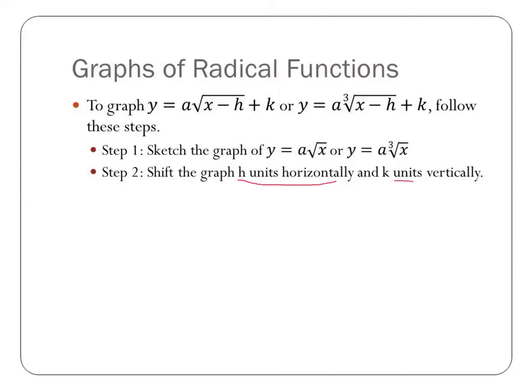And k is how it's going to move vertically. And then a is how stretched it is. So if we have an a value, we might look at that parent graph first and then move it.